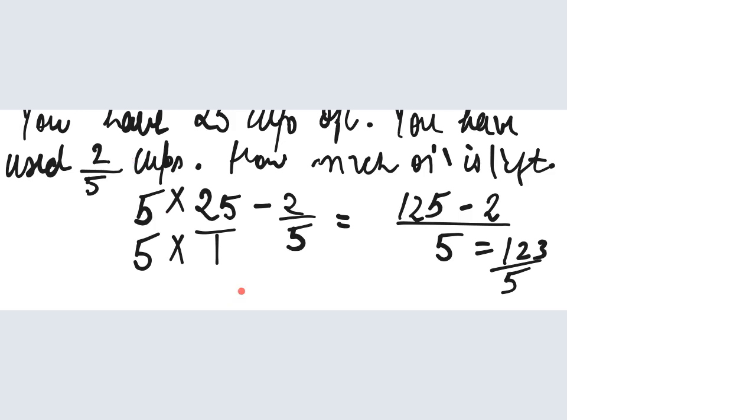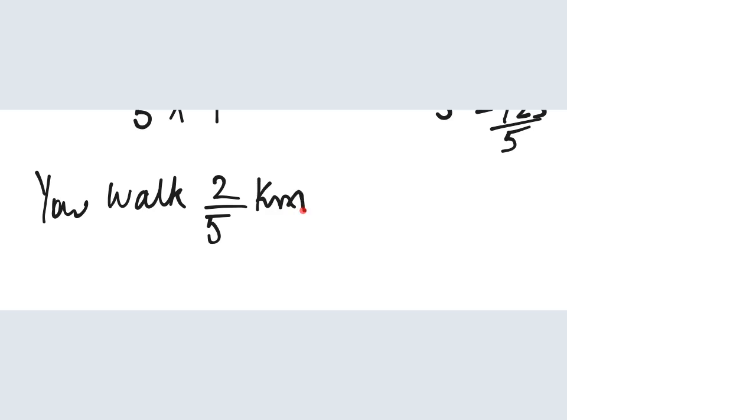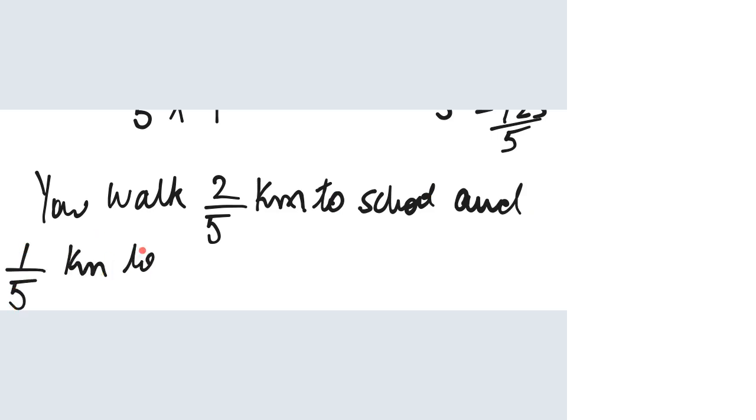Okay. Let's do one more question. You walk 2 by 5 kilometers to school and 1 by 5 kilometers from school to library.